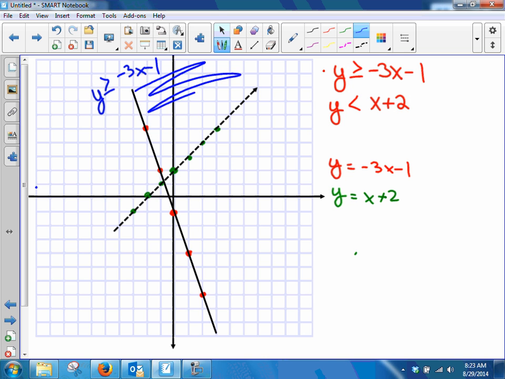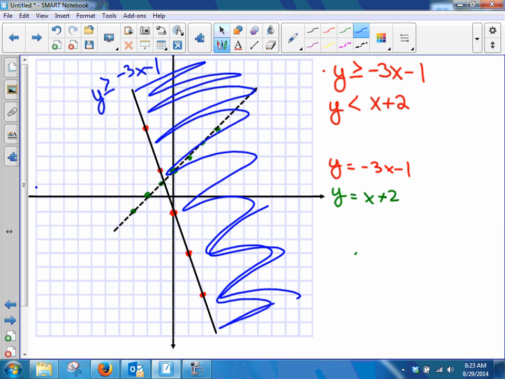Okay, so let's shade that in. Okay, so it'd be all of that for being above. Then for this, y is less than x plus 2, my y values are smaller, so you're going to go underneath. Very good. Okay, so it's all of this.